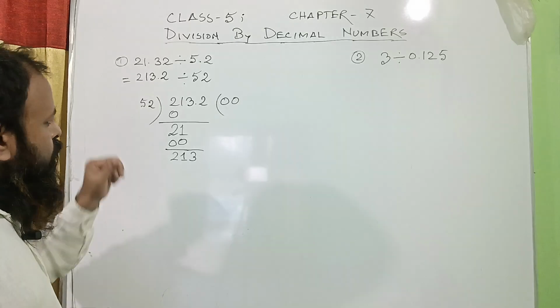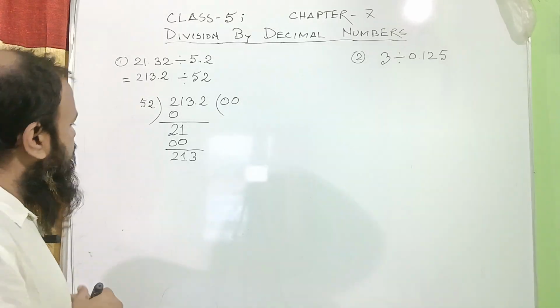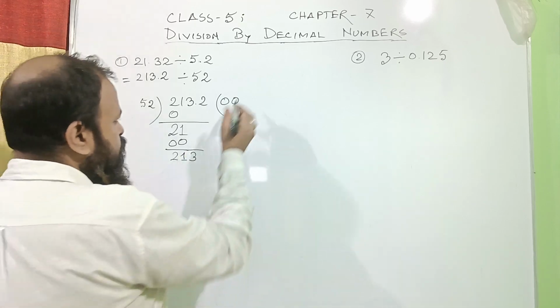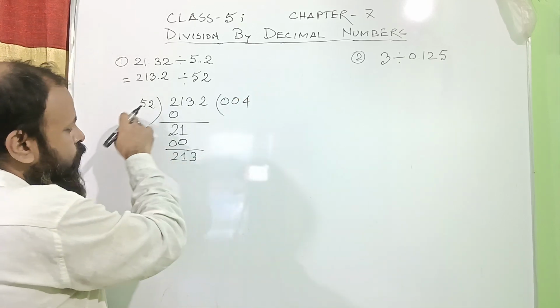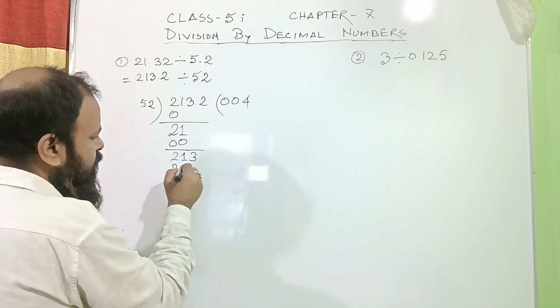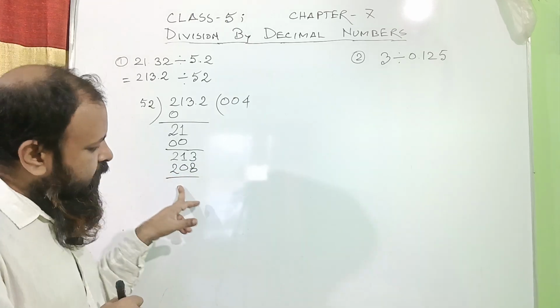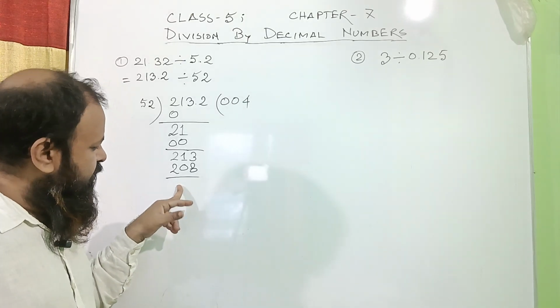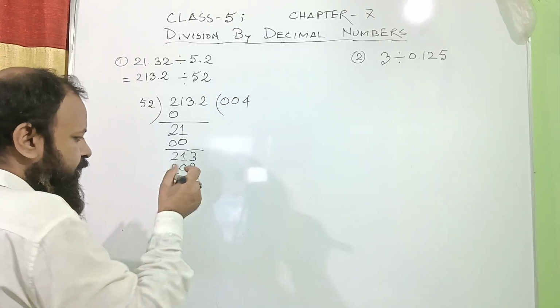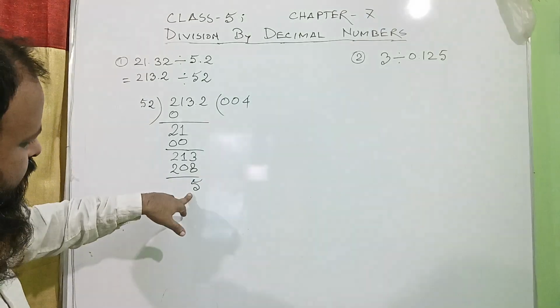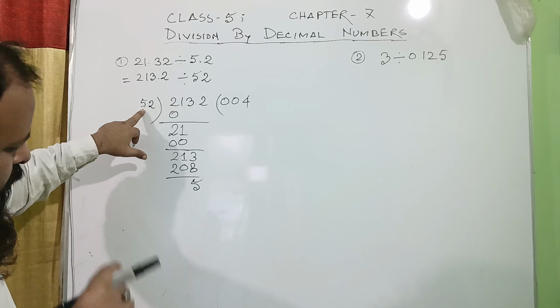We know that 4 52s are 208. Now we can go for subtraction. The subtraction result will be only 5. Here we can see this is smaller than 52.